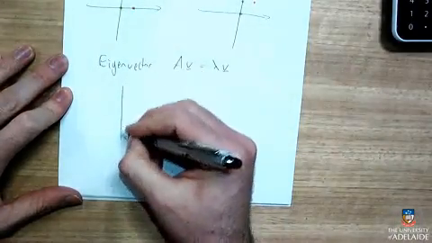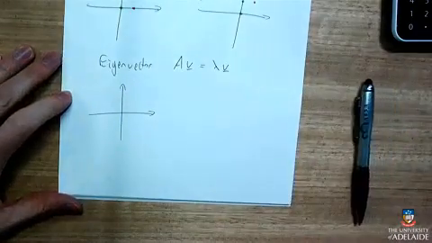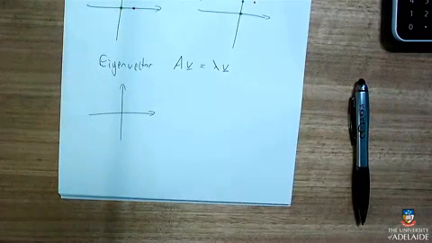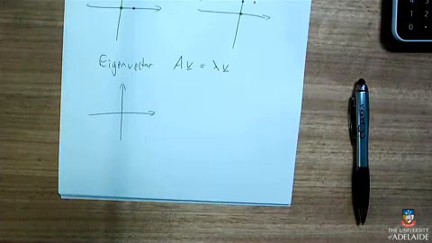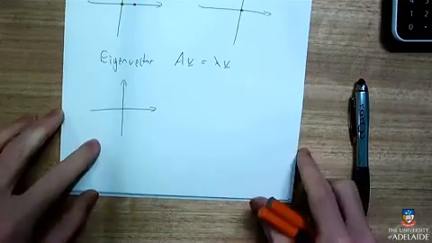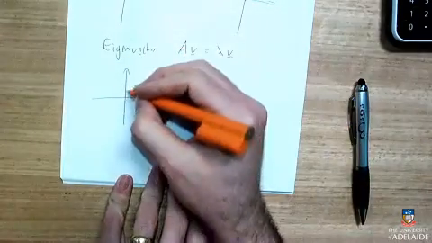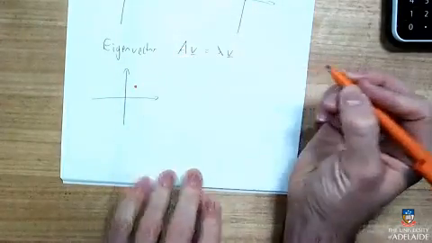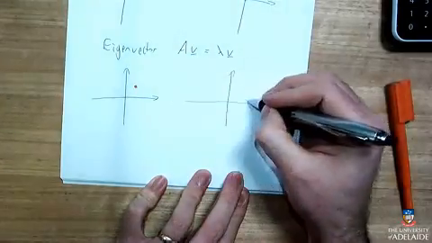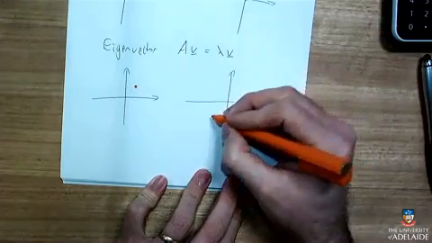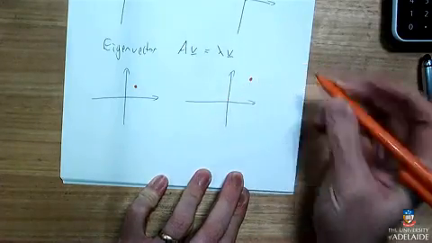For example, let me see if I can find the eigenvector of this one. Oh, I found them already, but anyway. So it may be that I have something like this, and then afterwards it's there instead.